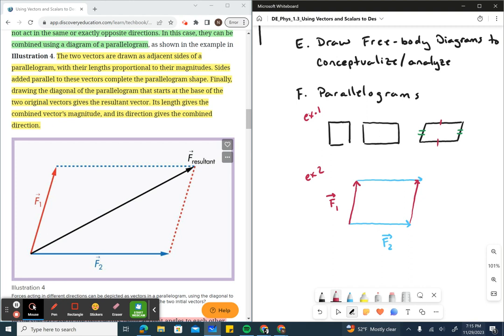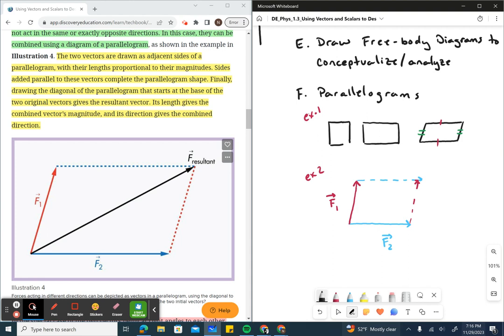Okay, so there we go. Maybe I should have drawn these little hash marks so you knew that those were the second arrows.